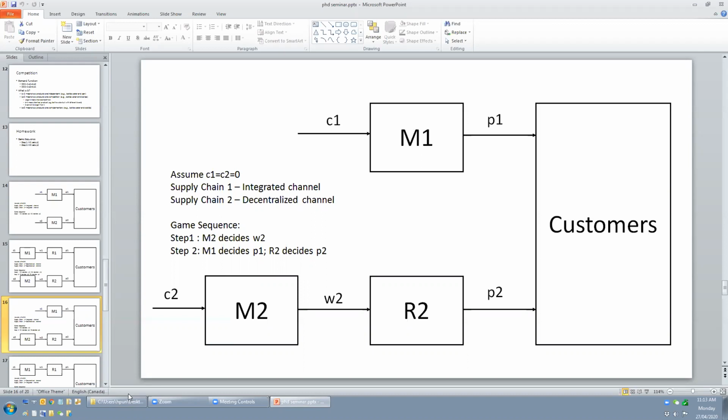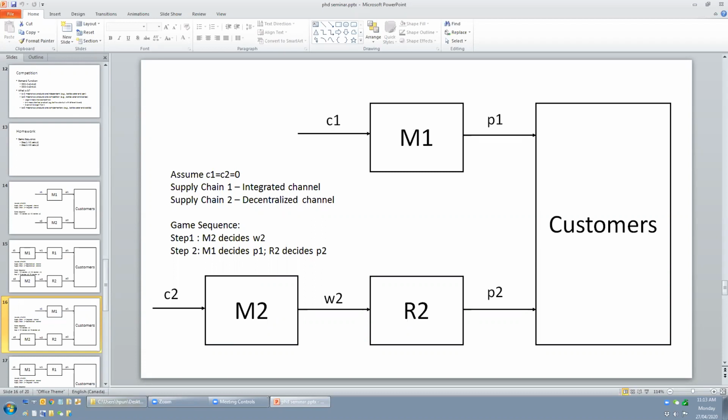Manufacturer 2 has 0 production cost and sells the product to retailer number 2 at W2. And then retailer 2 sells the product to customers at price P2. So supply chain number 1 is integrated while supply chain number 2 is decentralized.